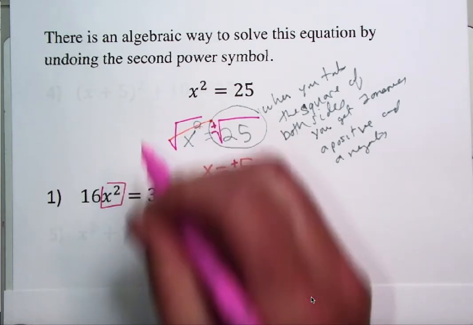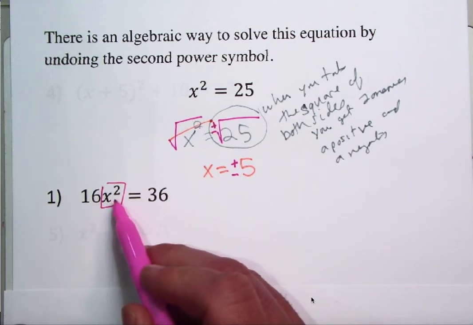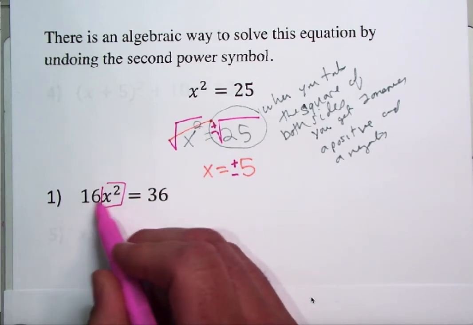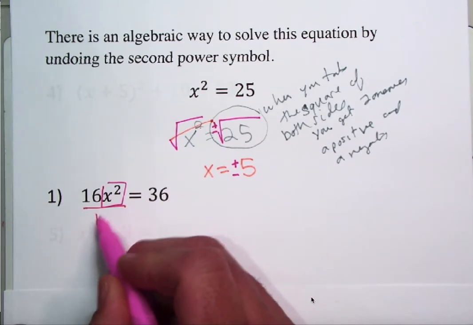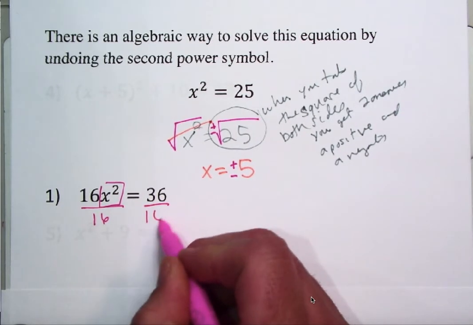Just like if this said plain old x, we're going to undo stuff to get this by itself. So we have 16 times x squared. I'm going to divide both sides first by 16.